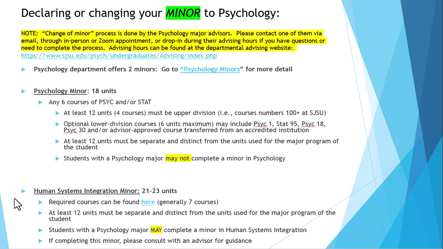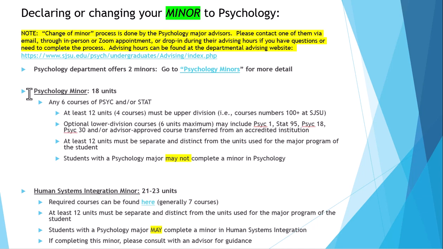Again, for more details about each of those minors, go to the advising page in our department. There will be a link to see the details regarding each of the psychology minors. I've included a link here for you to use to do that. But in general, let me give you the main points of each of the minors.